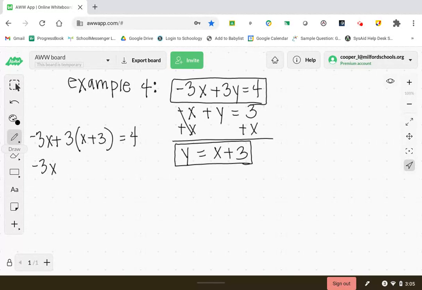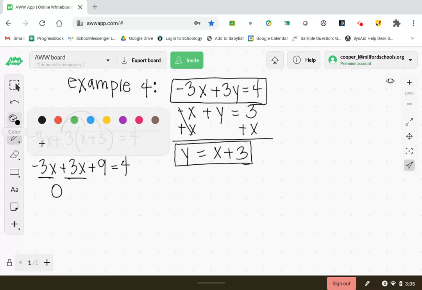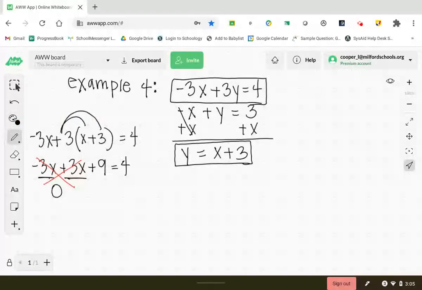Bring this down, distribute this. All right, I'm going to combine like terms. Negative 3x plus 3x is 0. You could put 0x, but 0 times anything is just 0. So really, this cancels out. So it leaves me with this.